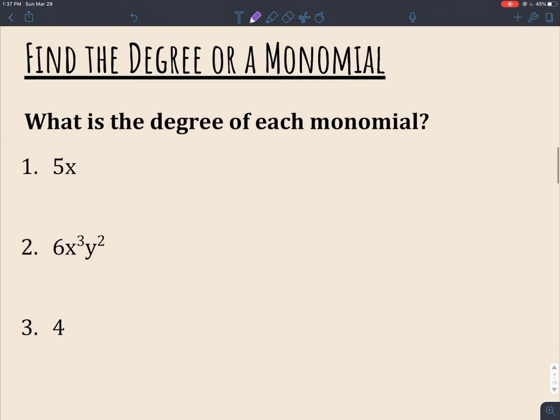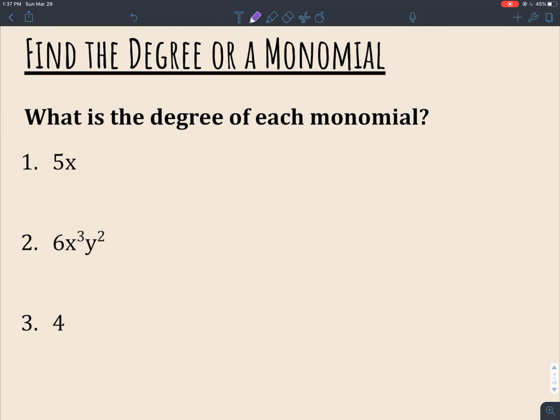So going off of this, we want to look at the degree of each monomial. Here, 5 has a degree of 0, and for x, the exponent hidden here is a 1, so the degree is 1. If we add these together, the degree is 1. Here, we could do the same thing.